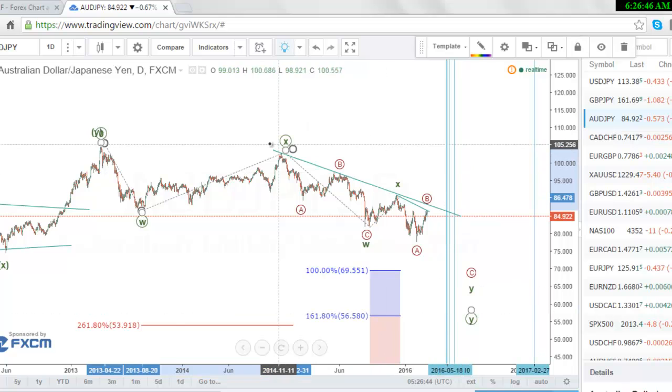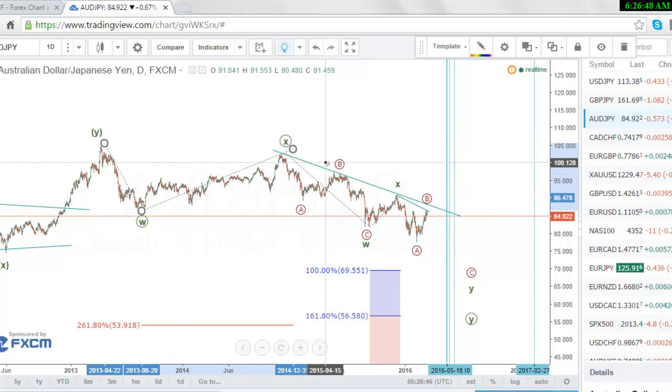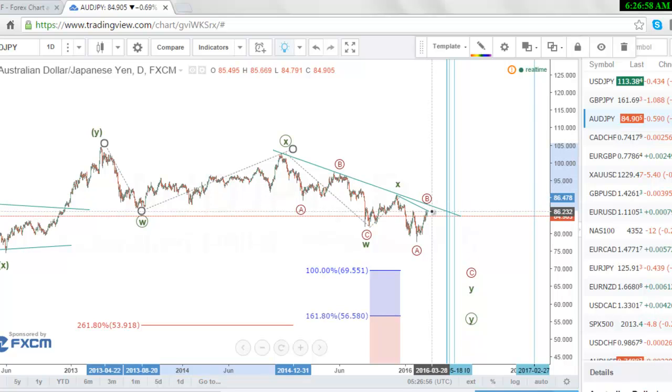It's possible because even looking at this trend line, there are so many resistances that could hinder price from moving up. So in the long-term perspective, we'll still be expecting the AUD/JPY to fall real well.